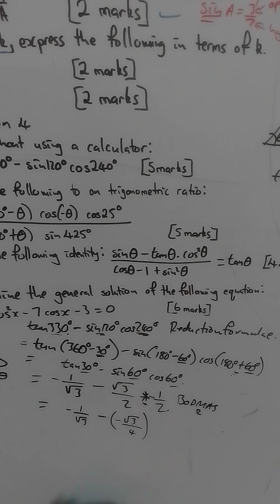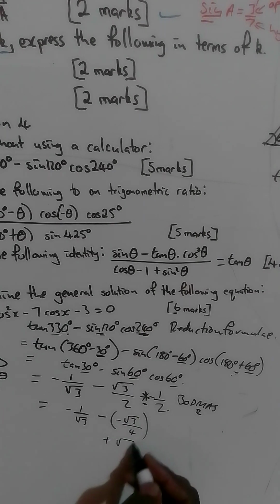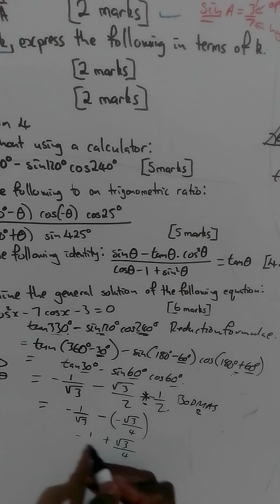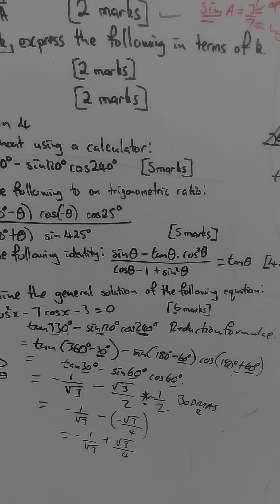But now I put it inside the bracket. So I must say negative multiplied by negative, which gives me a positive square root of 3 over 4. And here I've got a negative 1 over square root of 3. Right? Now, if I'm under fractions, what do I know? I need to have identical denominators, and I do not have that. So I must define the lowest common denominator. Here I've got square root of 3.